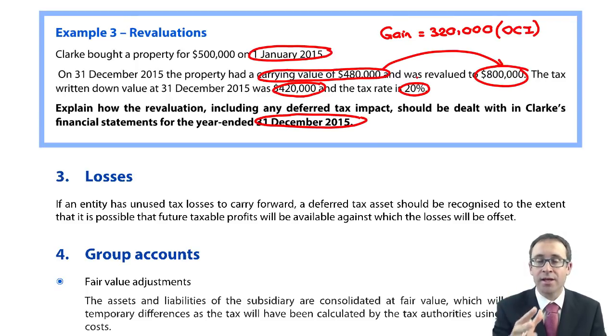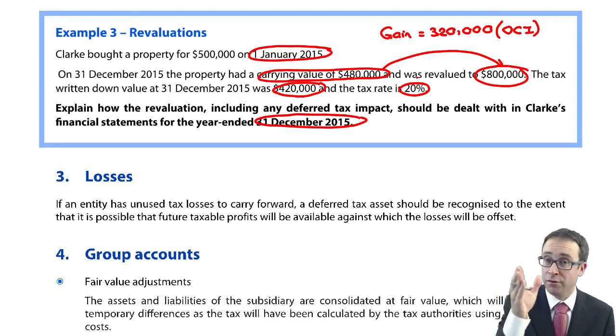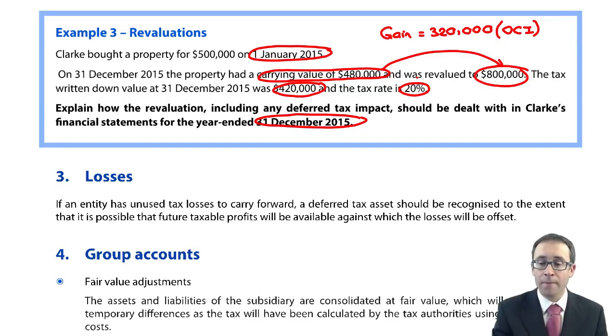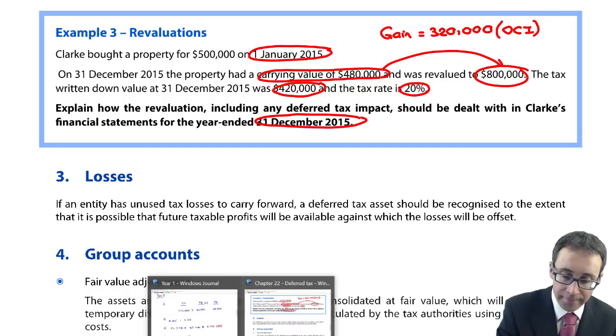They don't increase it up to the revalued amount, do they? So our temporary difference is much higher, because previously we would have been comparing the 420 to the 480, but now we're comparing 420 up to 800,000, aren't we?